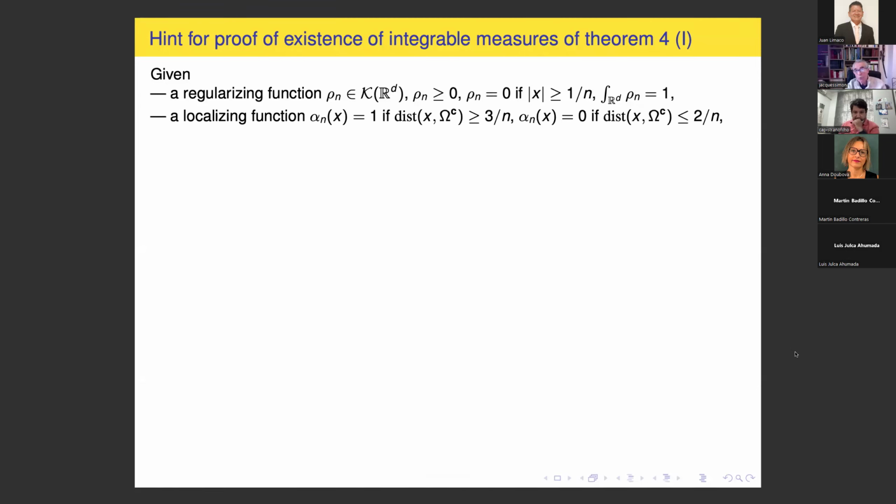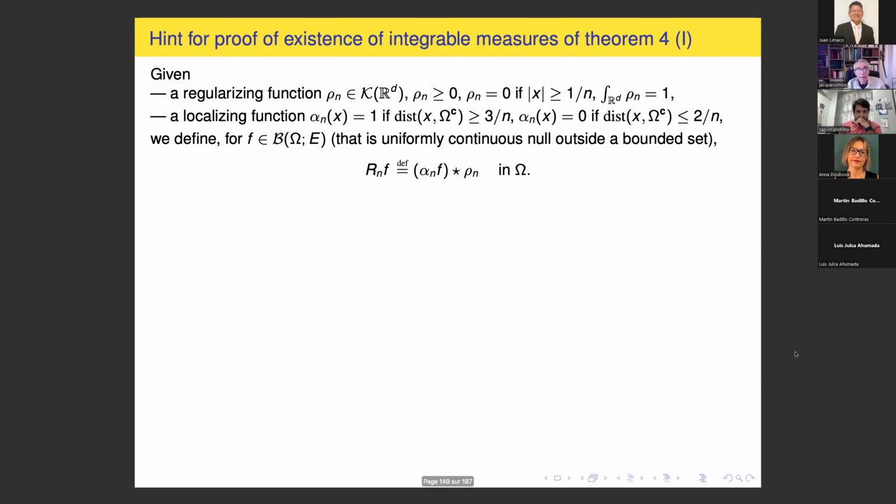And we consider a localizing function alpha n which is almost everywhere 1, and is only cancelled in a small neighborhood near the boundary. And we define the regularized Rn of f, such that f is multiplied by alpha n, and then it is convolved with rho n.